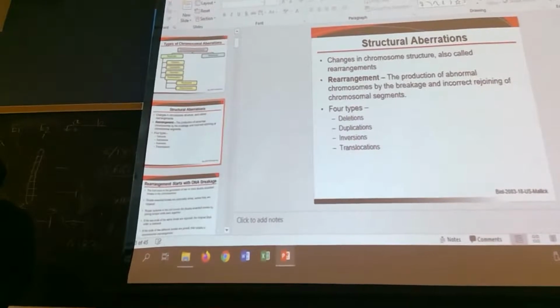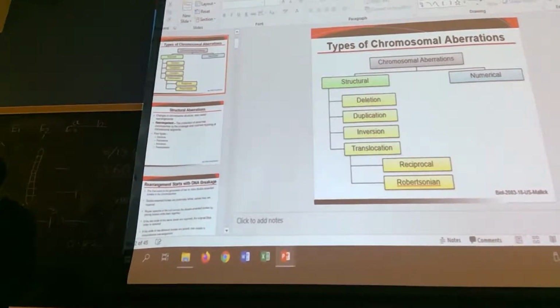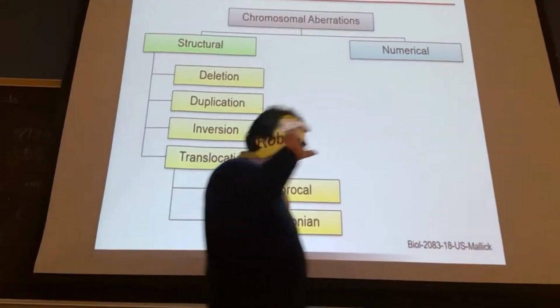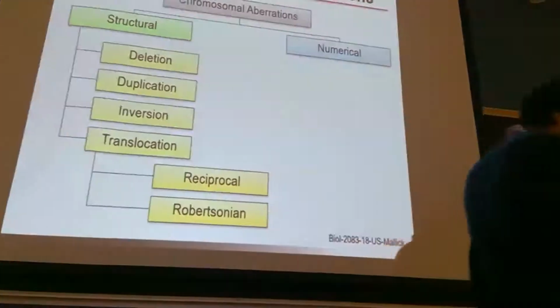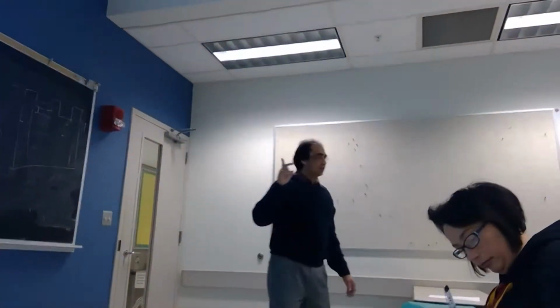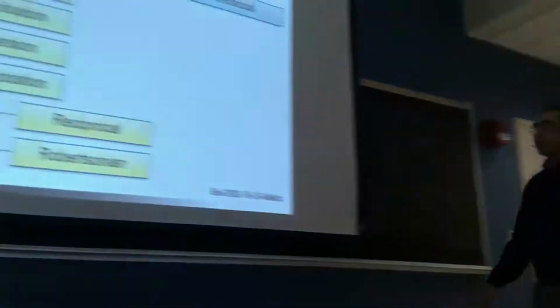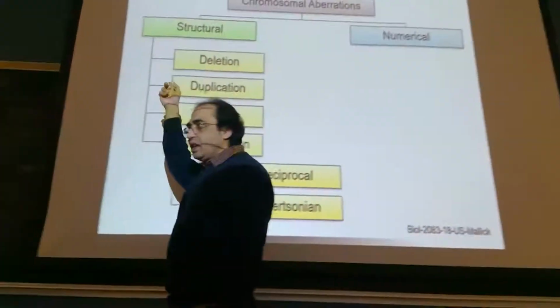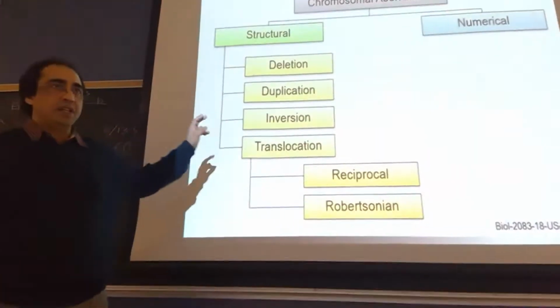So the chromosomal aberrations. Any difference or disturbance in the chromosome structure or chromosome number is called chromosomal aberration. That is called the chromosome variation. Okay. There are mainly two types. One is called the structural aberration, and another is called numerical aberration.